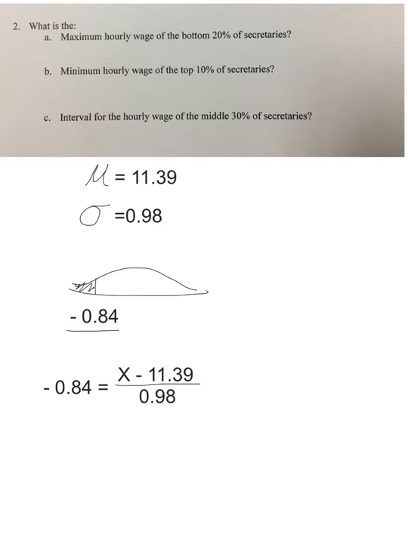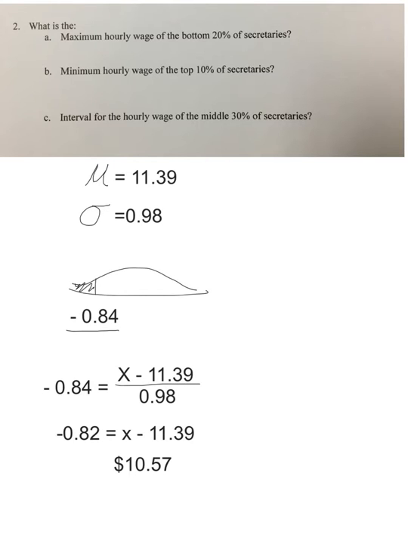Multiply both sides by 0.98, and then once I simply add $11.39 to both sides, that's going to give me a value of $10.57. So that tells me that the maximum hourly wage for the bottom 20% of secretaries is going to be $10.57.